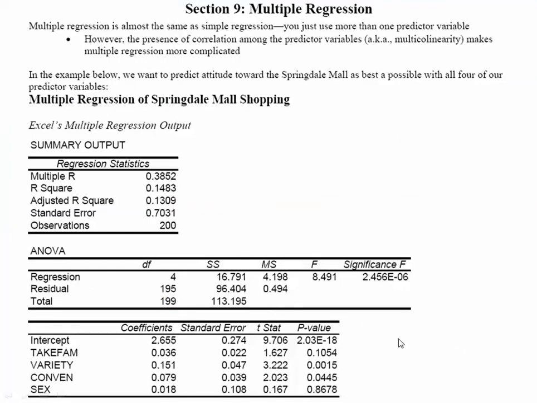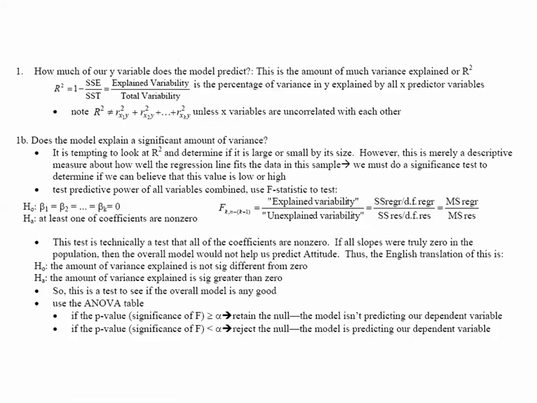So here's the output that we had from the previous section. So the first question is, how much of the variability in y does the model predict? How much of the change in attitude is predicted by the changes or variances in the other 4 variables?